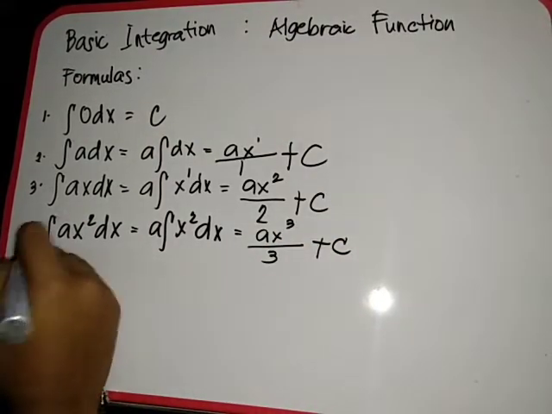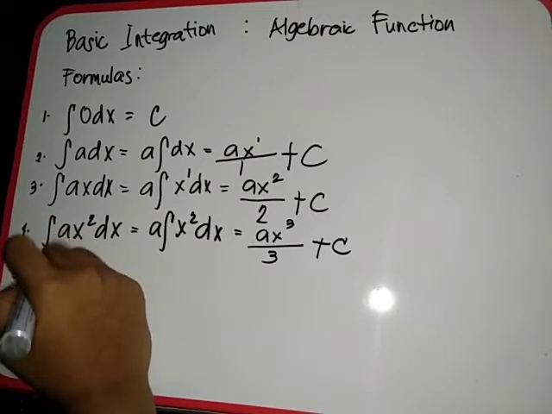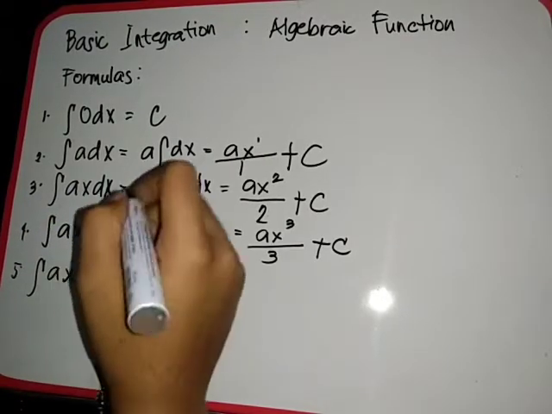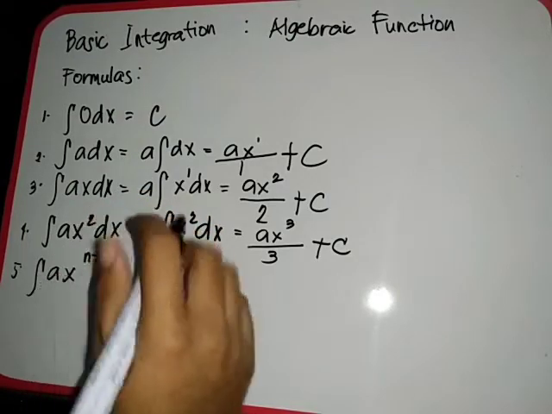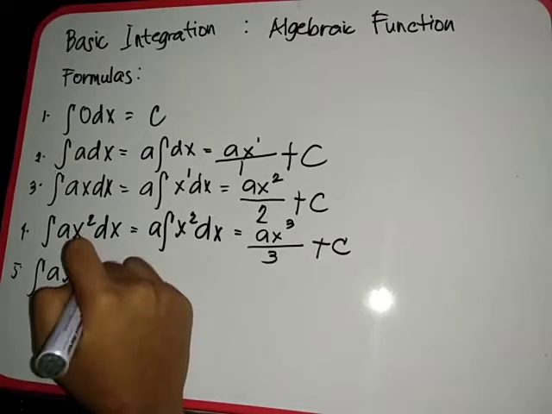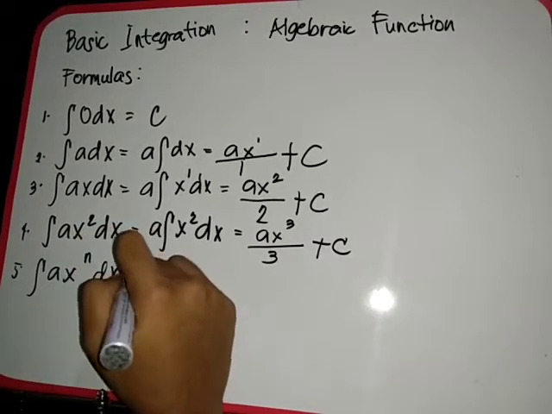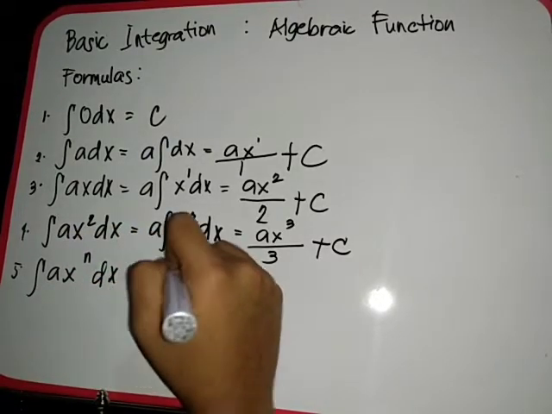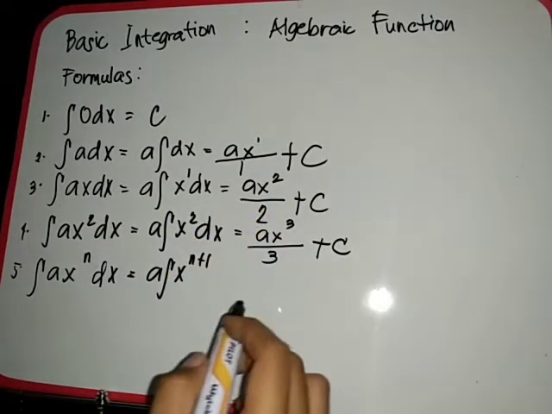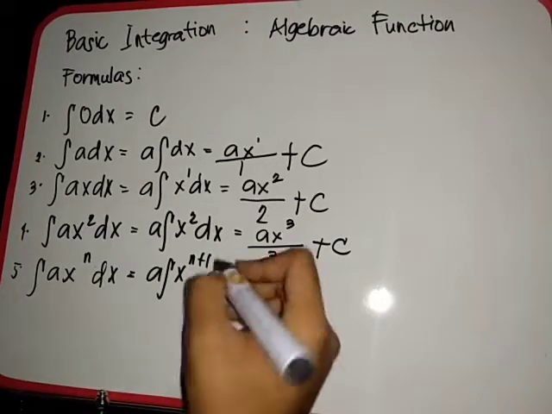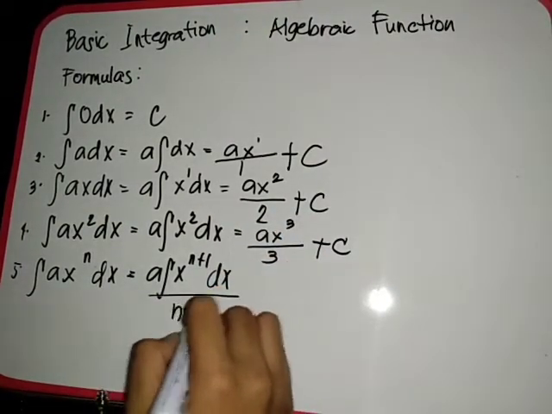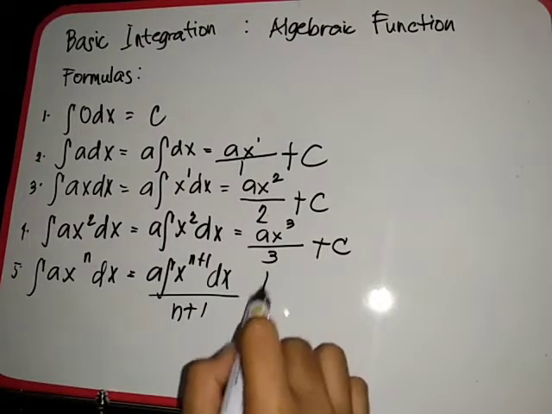And then the last is the integral of ax raised to n dx is equal to a integral of x raised to n dx, which is x raised to n plus 1 over n plus 1 plus c.